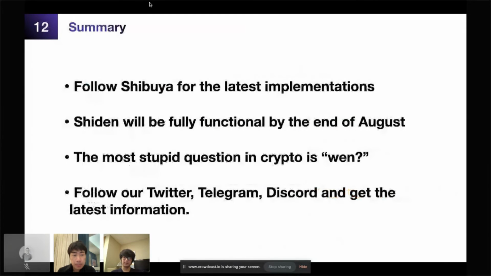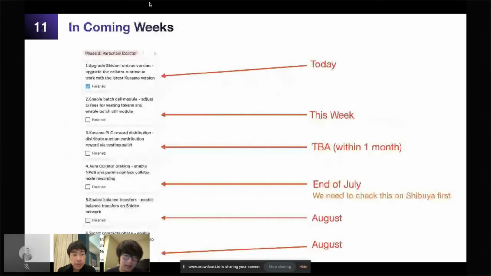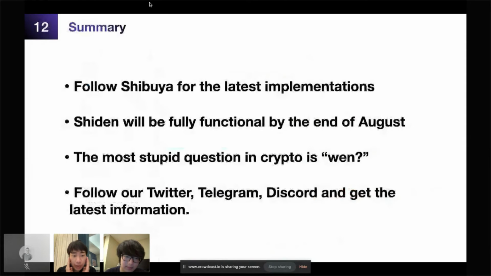So yes, that's it from my side. In summary, Shiden Network will be fully functional by the end of August, I hope, and we are doing our best. But we cannot say when, because when is the hardest question for a blockchain project. So please follow Twitter, Telegram, and Discord to get the latest information.